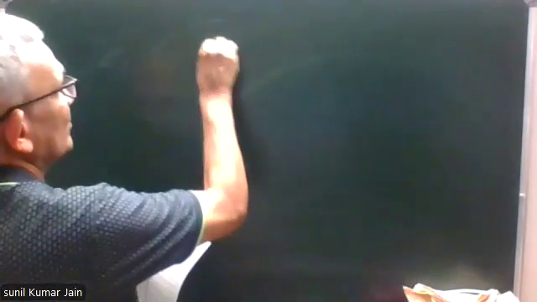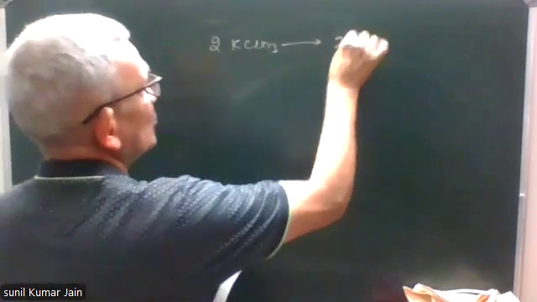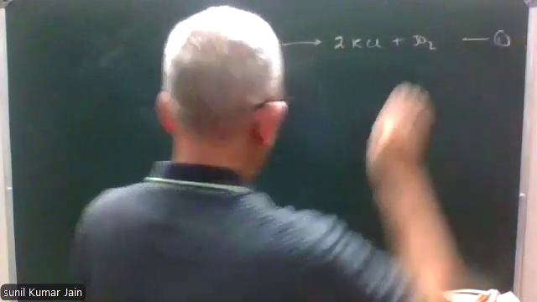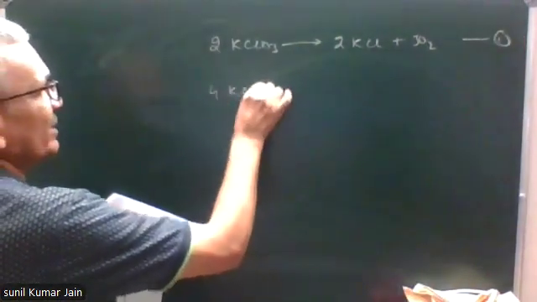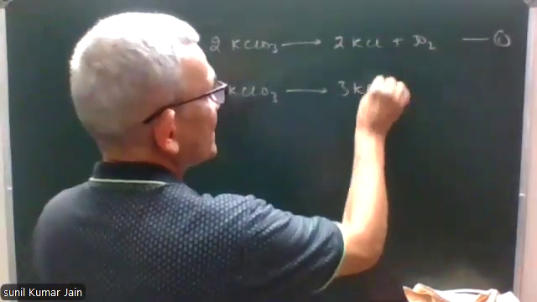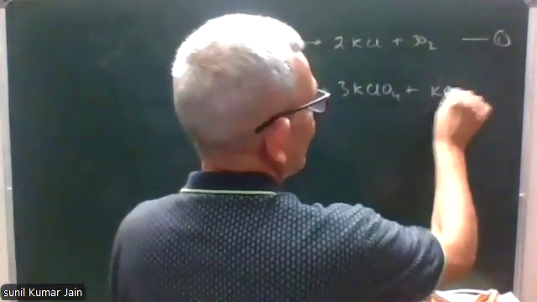Let me first write the equations. 2KClO3 gives 2KCl plus 3O2. This is equation 1. Second, 4KClO3 gives 3KClO4 plus KCl.